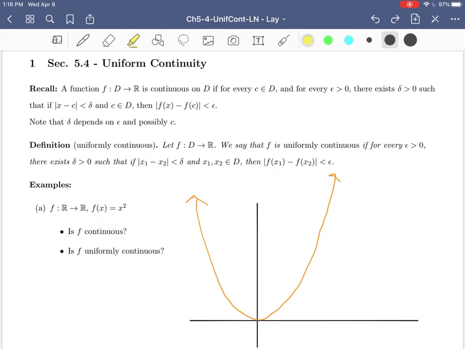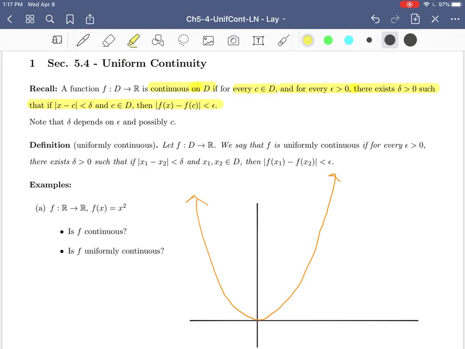We say that a function f with a domain D mapped to the real numbers is continuous on that domain D if for every value of c in D and for every epsilon there exists a delta such that whenever x is within delta units of c, and c is an element of the domain, then the function value at x is within epsilon units of the function value at c.